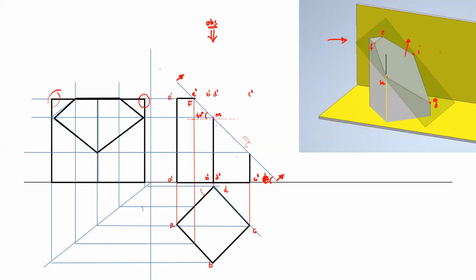So this corner will not be there in the sectional side view. Therefore we will show this by a thin line. This is the portion which is to be retained, and this is the sectional side view. You can highlight this portion by the hatching lines. Okay, so this is the sectional side view.